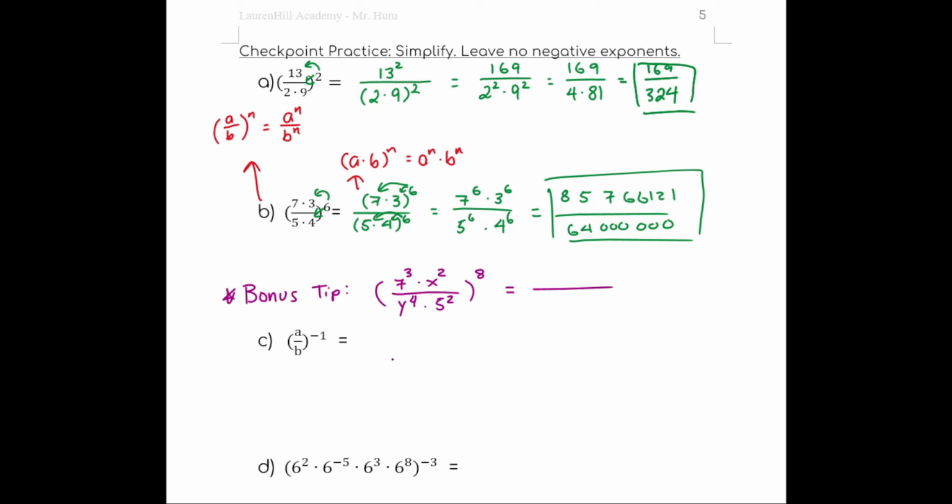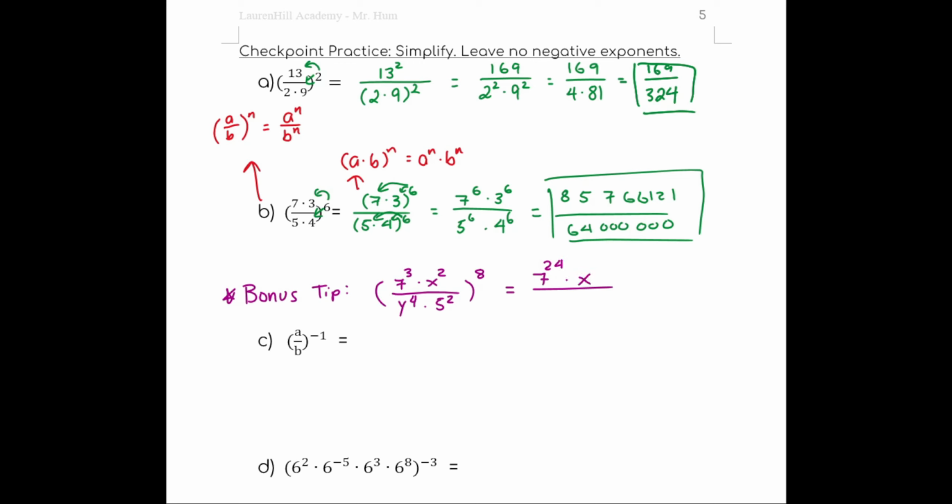So we put that exponent, that fraction there. 7 to the 3 to the power of 8, we have to multiply the exponents. So that gives me 7 to the 24 times x to the 2 raised to the power of 8.